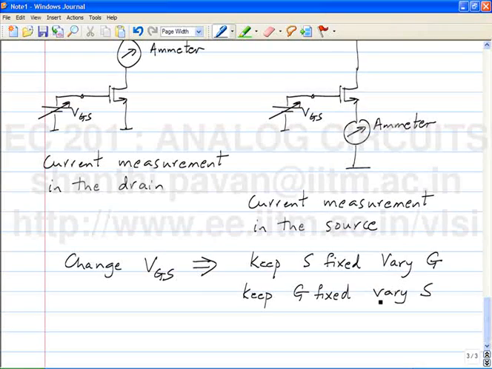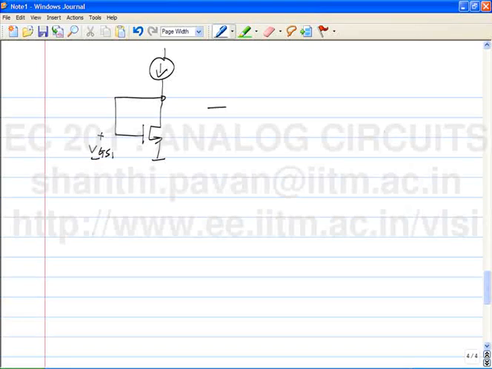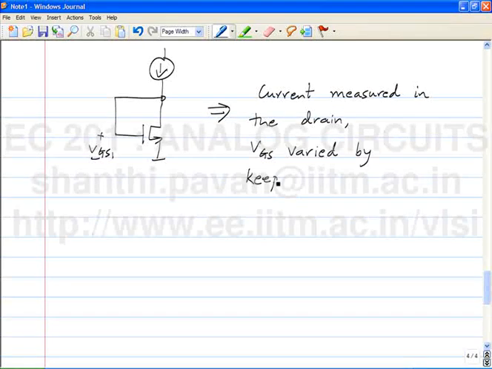So which means how many circuits will come out? 4 circuits come. What we did yesterday, which is this way of finding VGS1, corresponds to the case where current is measured in the drain and VGS is varied by keeping S fixed and yanking the gate. So we look at the other cases.